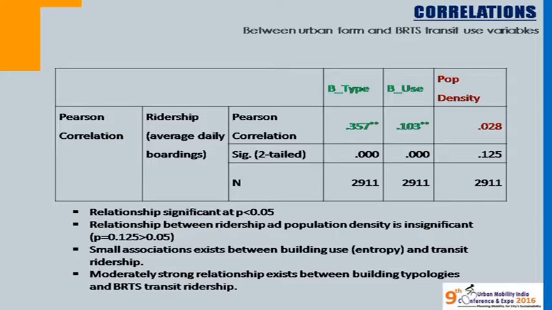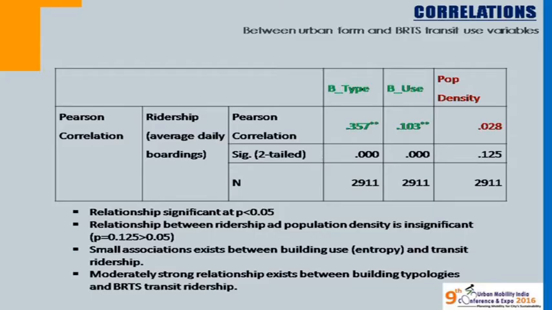If we correlate these three relations, the building typology, which was mostly plotted development or apartment type of development, has high correlations with higher ridership areas, and building uses such as commercial or residential have a little bit of an association with the ridership.